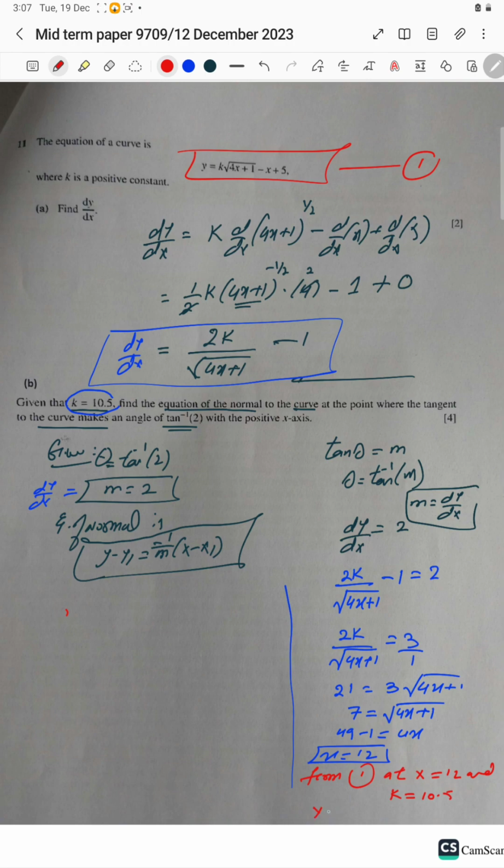I will get y equal to 66.5. These are the points at which the normal is going to be found.